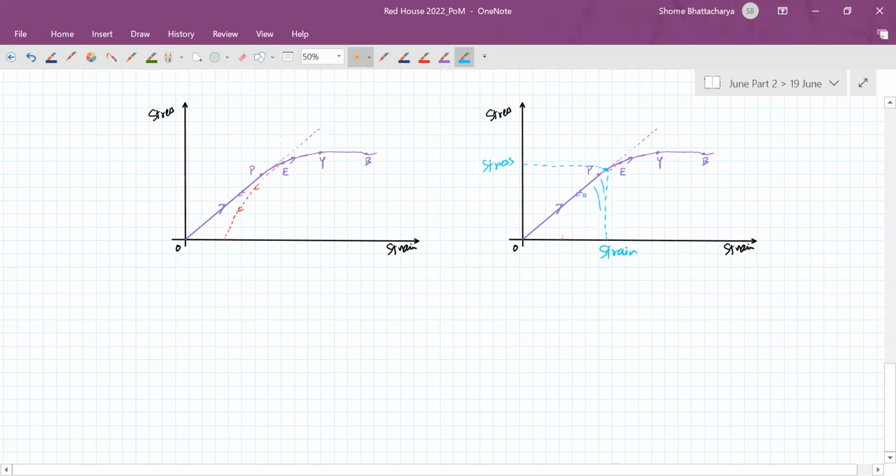Now this area under the stress versus strain graph represents energy density.